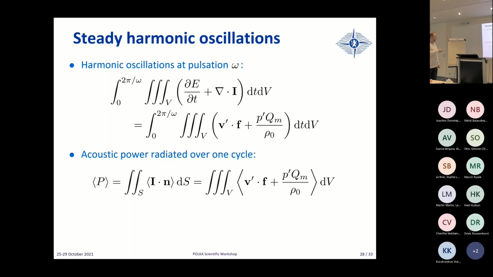It means that the amount of acoustic energy that is radiated outside of your system must be equal, in a harmonic system, to the amount of acoustic energy that was produced by the source over this cycle. Because the problem is harmonic, it is periodic, so the amount of energy you have at the end of the cycle must be equal to the amount you have at the beginning. So all in all, everything that was produced must have evacuated.